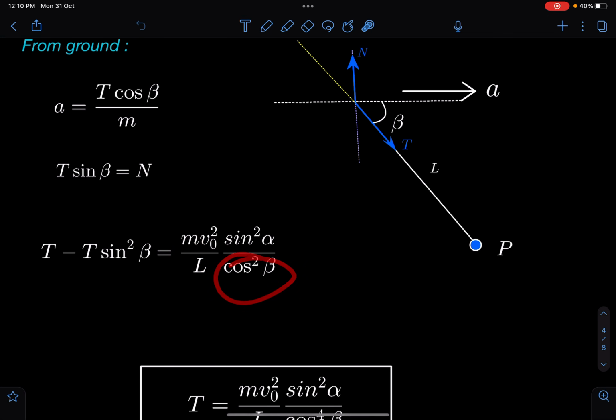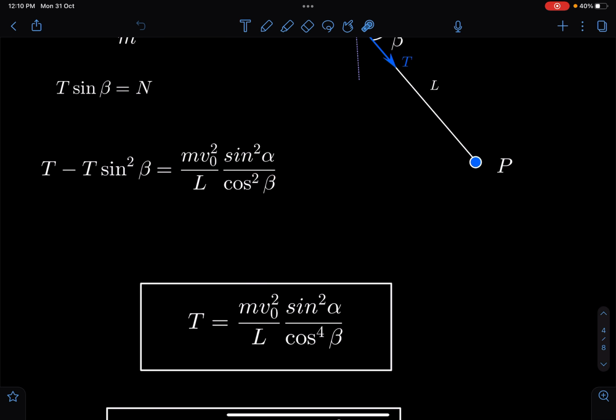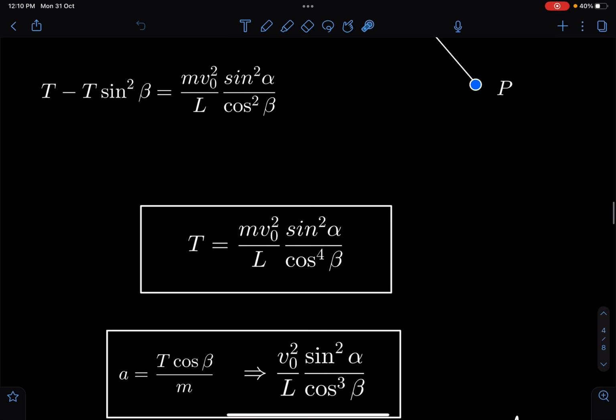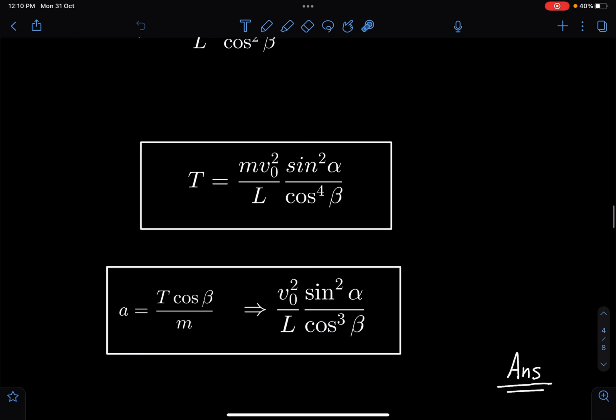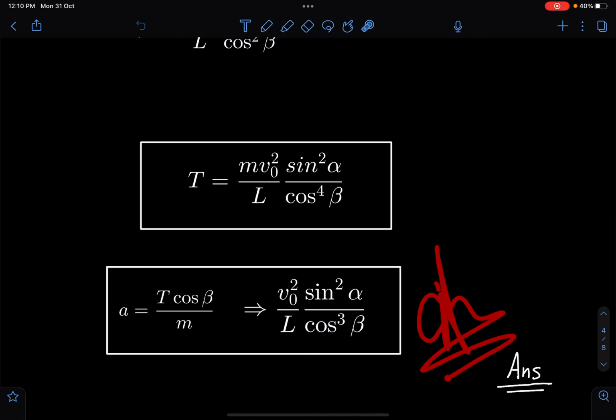Bring it in the denominator, and we are going to get T as m v naught square by L, sine square alpha by cos to the power 4 beta. And here I can write A is equal to T cos beta, which is going to give me v naught square sine square alpha by L cos cube beta, and this is going to be the final answer for this problem.